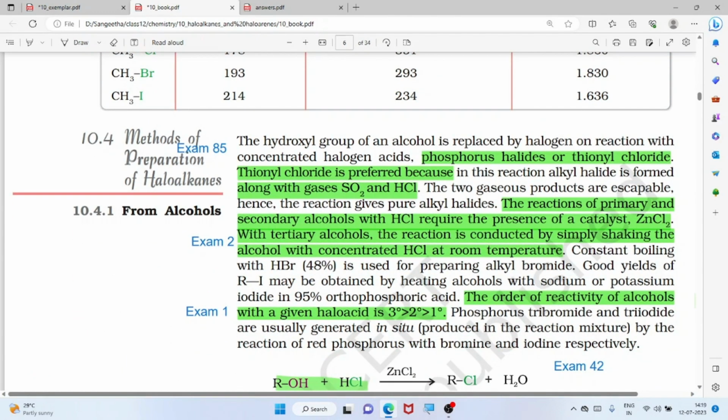Okay, phosphorus halides. So thionyl chloride is preferred over the phosphorus halide.